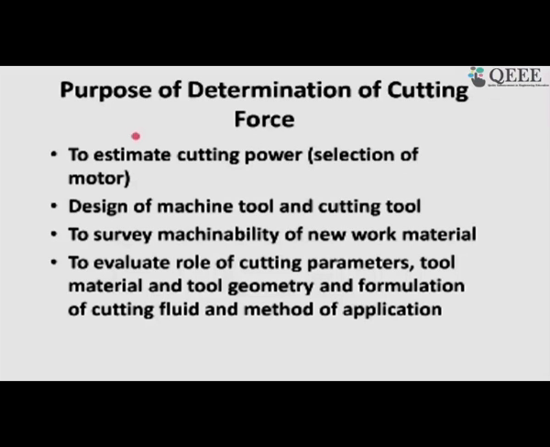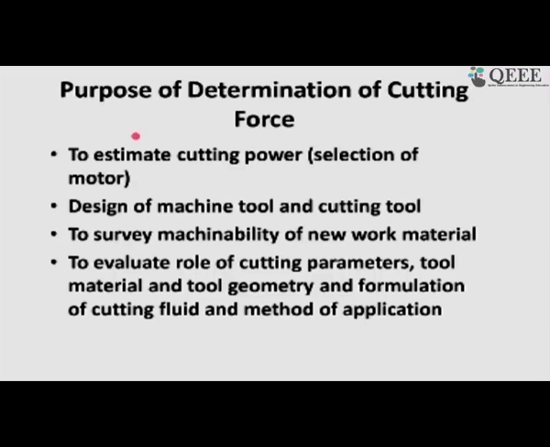Now comes a very important consideration, new work material. A metallurgist can develop a work material for certain application, and he can claim this is better than the previous one. But in that case, machinability is one of the criteria. Unless we can machine it, perhaps it has no such significance in engineering use.